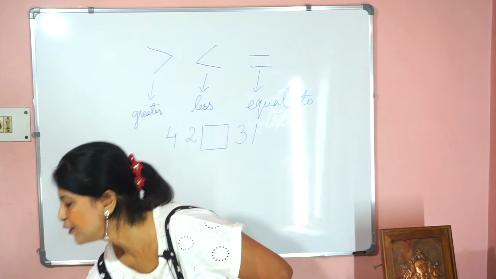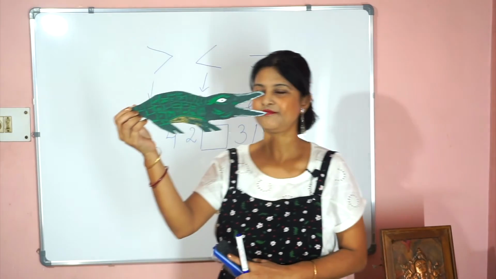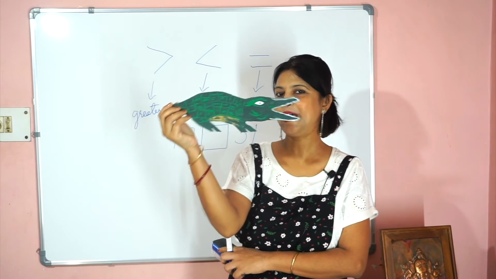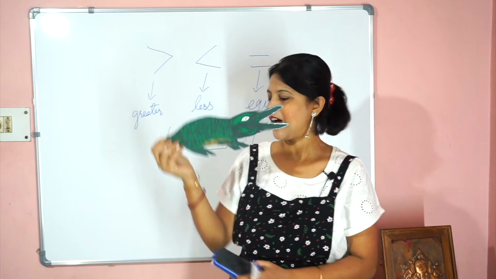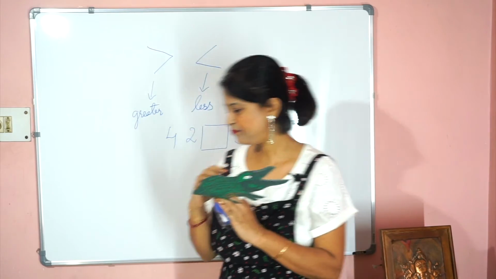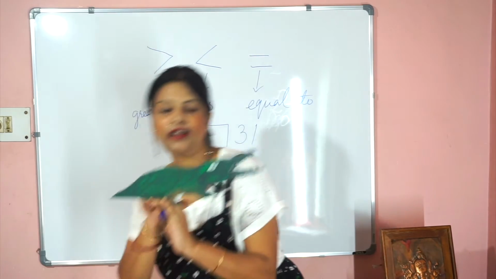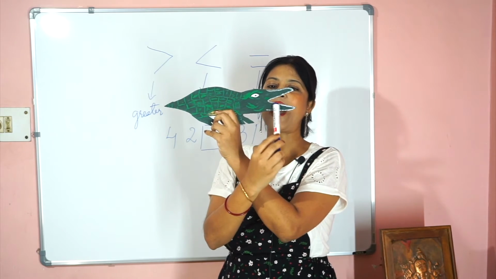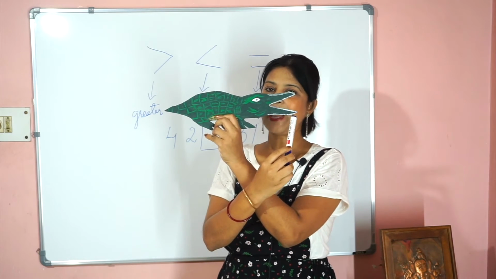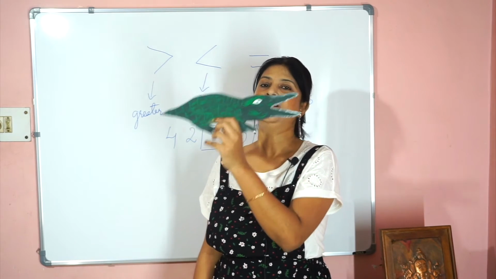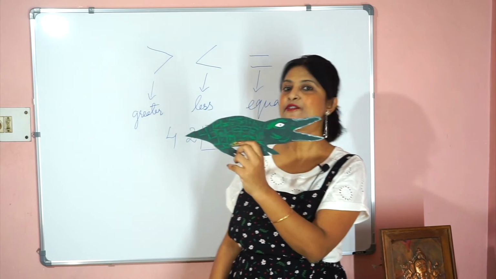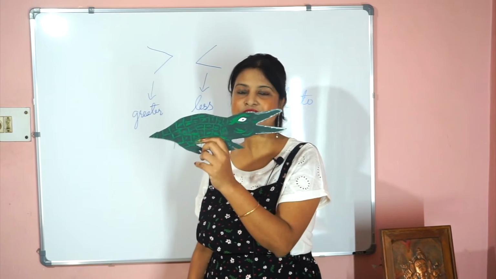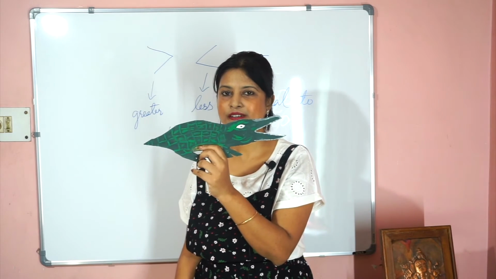See what I have made for you, children. Can you see? This is a baby crocodile. Now, this crocodile has its mouth wide open, right? Remember, a crocodile loves to eat the greater of the two numbers.